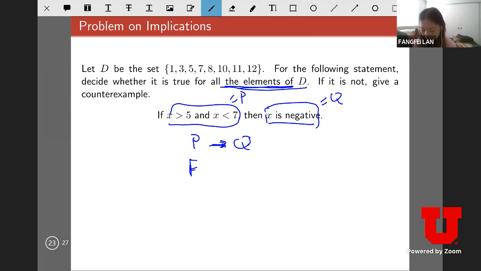You remember with implications, the implication is only false when P is true and Q is false. This is the only time that the implication is false. So when P is always false, this statement is always true.